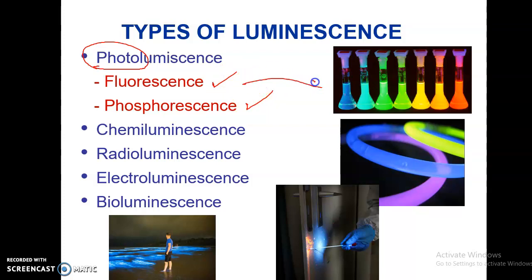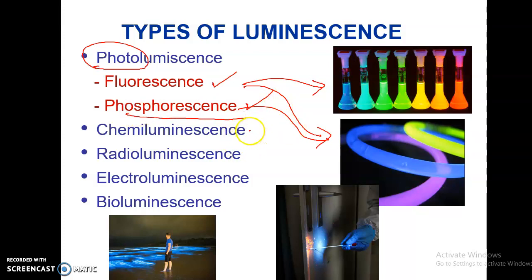Phosphorescent is something that we usually see, like a glow in the dark toy. We can see glow in the dark because there is a gap in terms of energy release. Compared to fluorescent, the energy release duration is longer in phosphorescent.